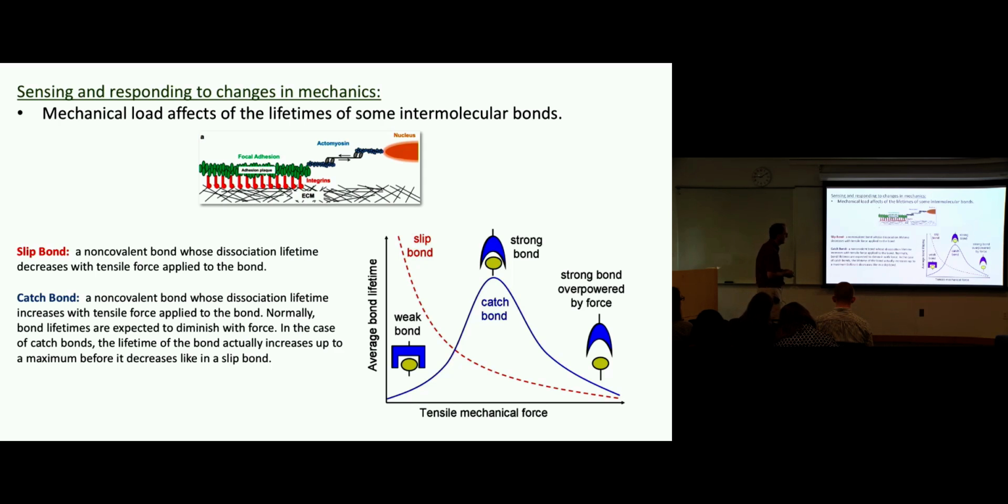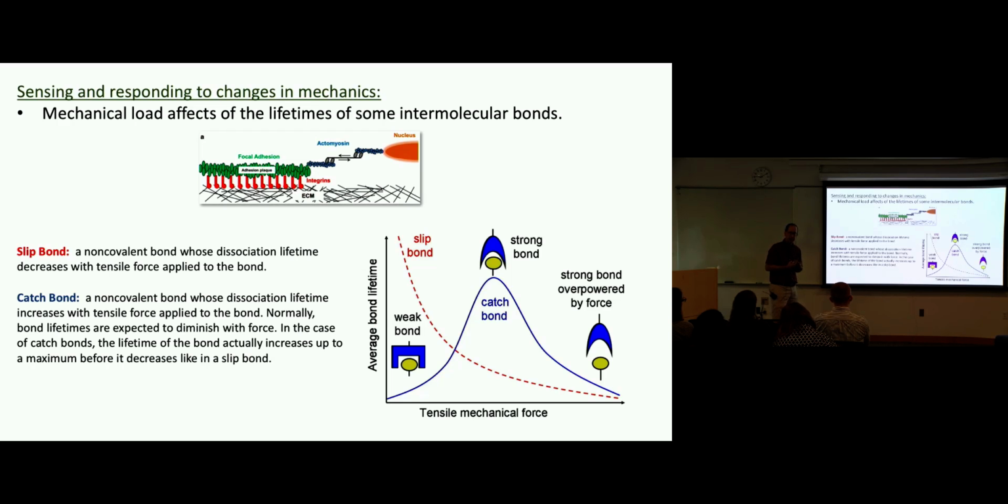Okay, so if you look at this catch bond, as mechanical force increases, you increase the lifetime. So this could be very useful when you're thinking about strengthening the presence of a complex. So you've heard about focal adhesions, and you've heard about focal adhesions maturing, maybe you've heard about that, yeah?